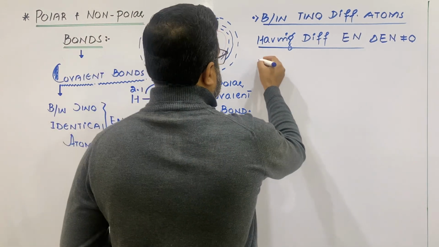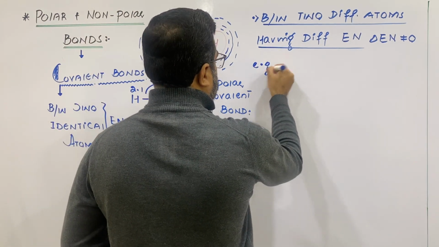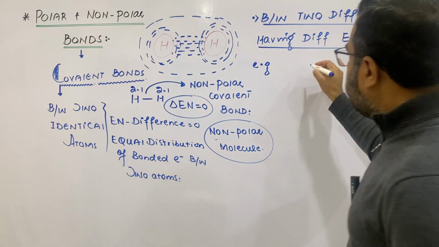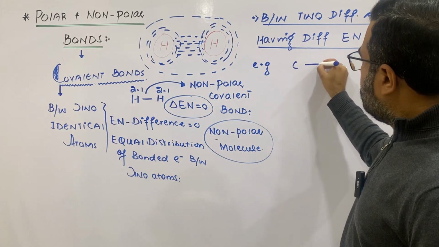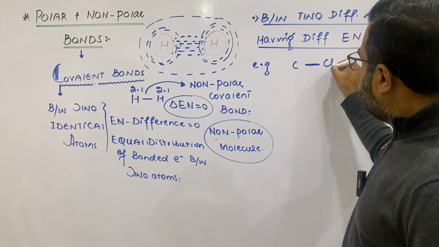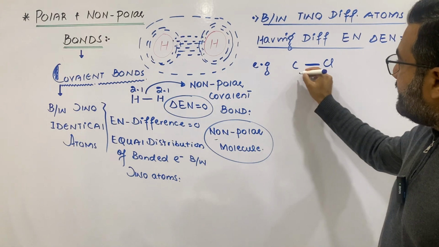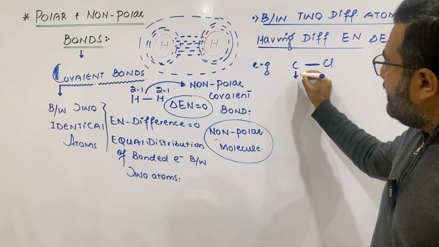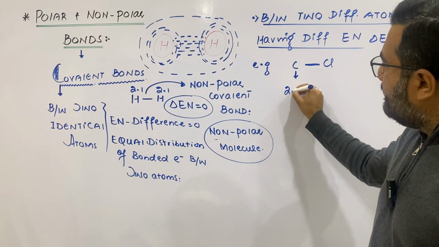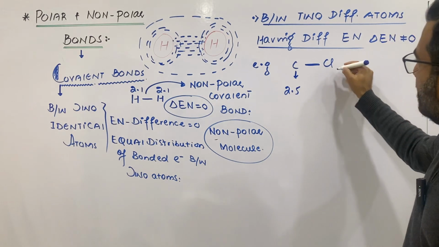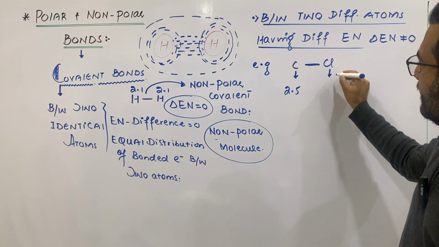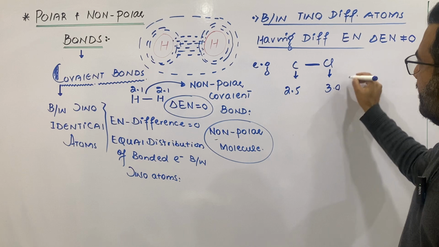For example, let us consider the example of the bond between carbon and chlorine. My dear students, the electronegativity of carbon is 2.5 and that of chlorine is almost 3.